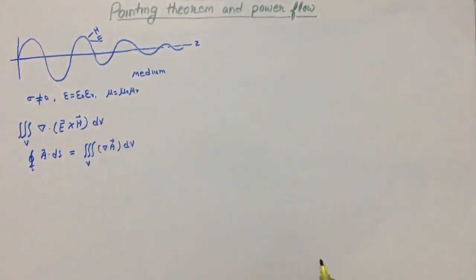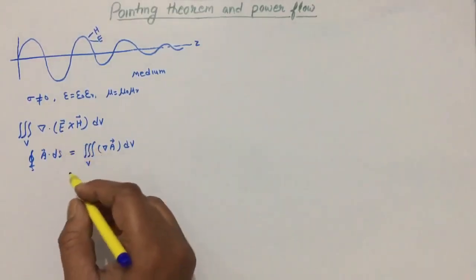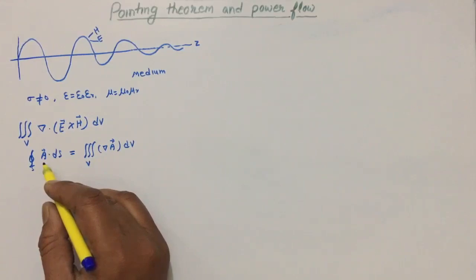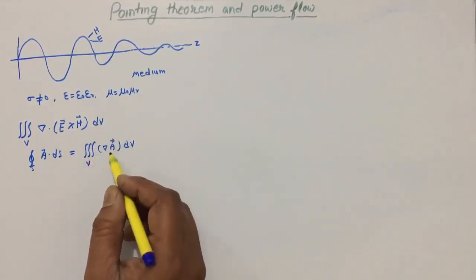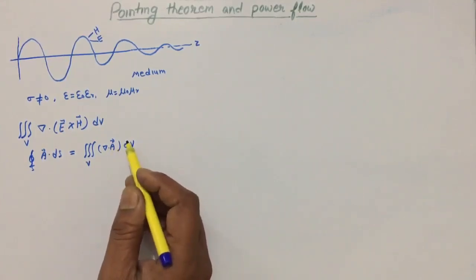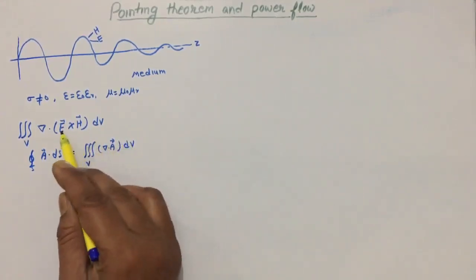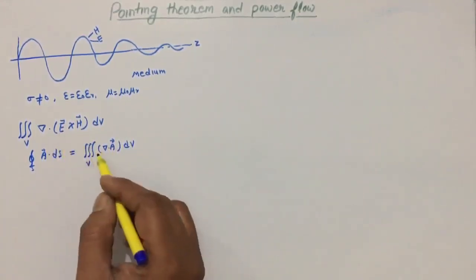We have this, and if we replace A by E cross H, what will be there? It will be exactly the same as this.